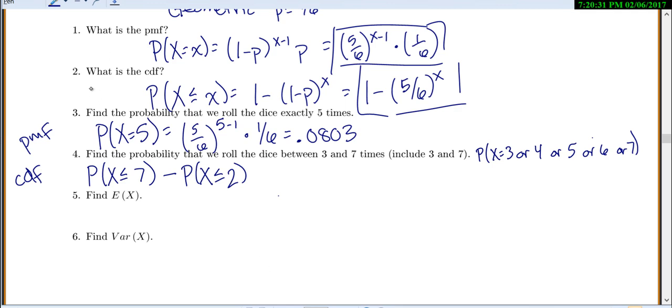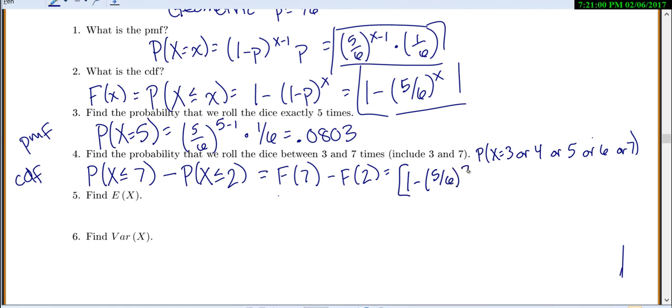Now, I didn't write this up above. I should have. Let's write up above. This is capital F of x, our CDF. So capital F of x is the probability that x is less than or equal to x. So this x less than or equal to 7, that looks like the definition of the CDF. And x less than or equal to 2, that's also our CDF. So we can say that's really just F of 7 minus F of 2. So all I have to do is plug 7 into that formula and then plug 2 in. So let's do the 7 first. So 1 minus 5/6 to the power of 7, minus 1 minus 5/6 to the power of 2.